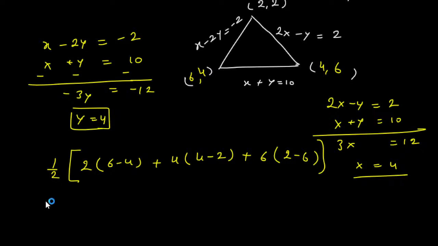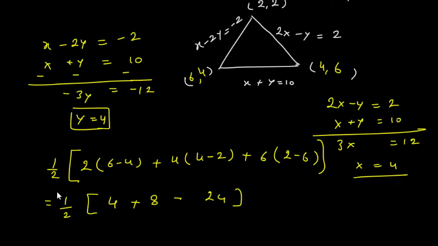Okay, so here the area which we get: 2 times 6 minus 4. Now 2 times 6 minus 4, it is 2, 2 times 2 is 4, then plus 2 times 4 is 8, and then minus, here it is 4 times 6 is 24.